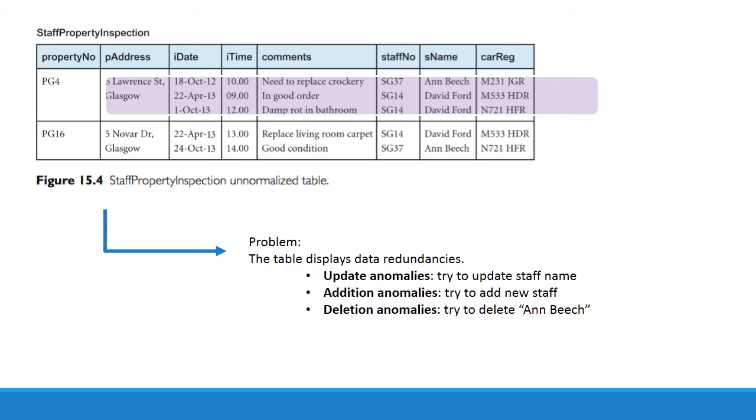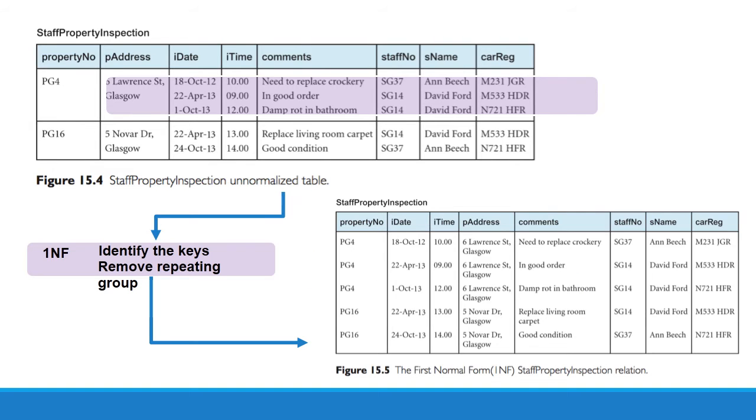The answer is first normalization. In first normalization, we need to identify the keys and remove repeating groups. So from this unnormalized table, we have the first normal form, something like this. Every single row is now unique. We don't have repeating groups anymore.